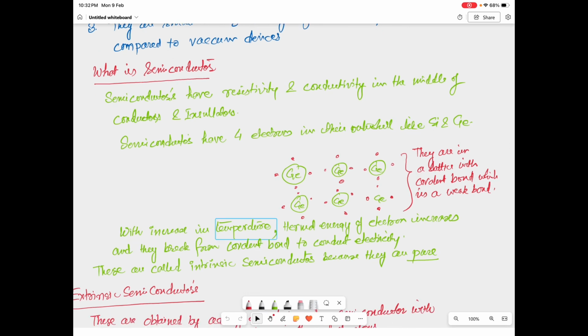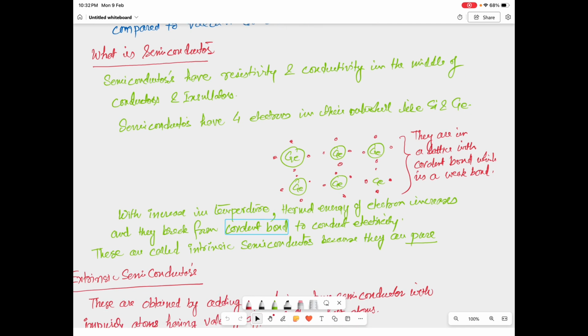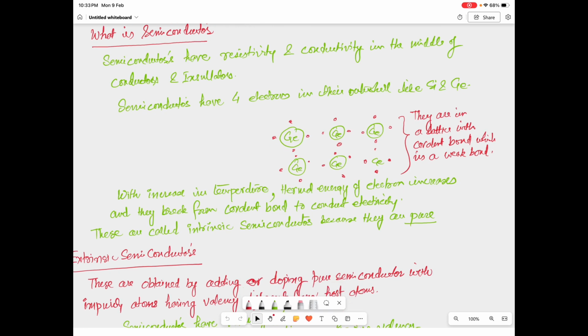For simplicity, I have made a crystal lattice of germanium, where the atoms are arranged as you can see on the screen, and each one has four electrons in the outer shell. So this is the lattice.